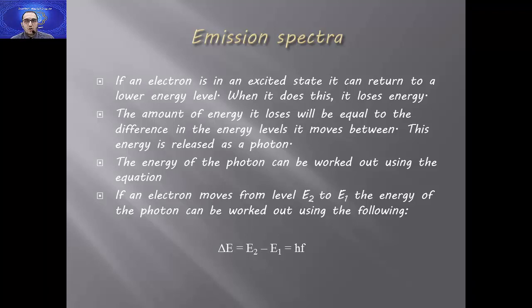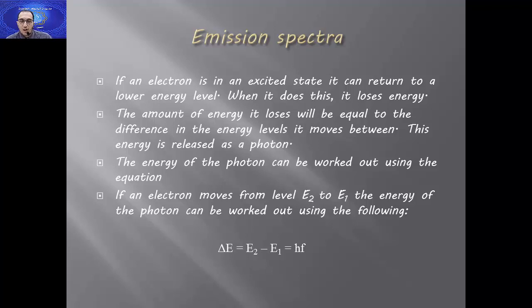The amount of energy lost will be equal to the difference in the energy levels it moves between. What is meant by this? When the electron jumps to the excited state, it will not be in this excited state for a long time. It has to return back again to its original level.